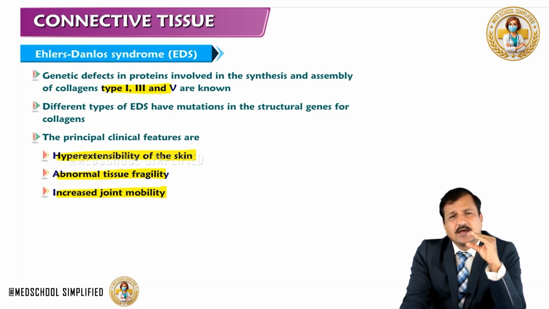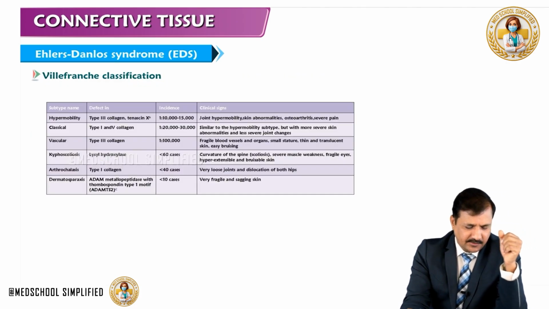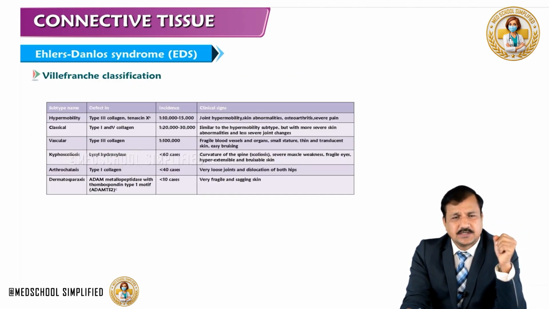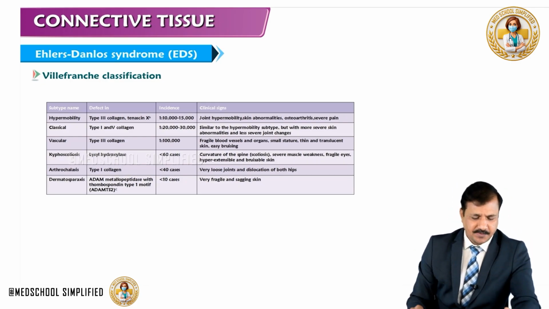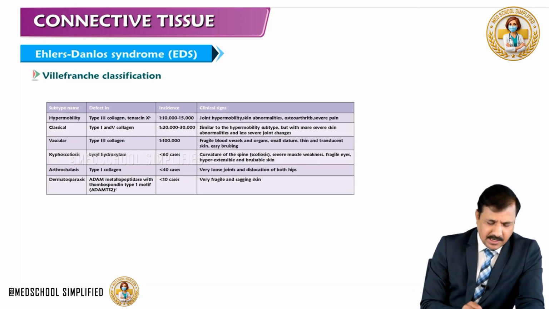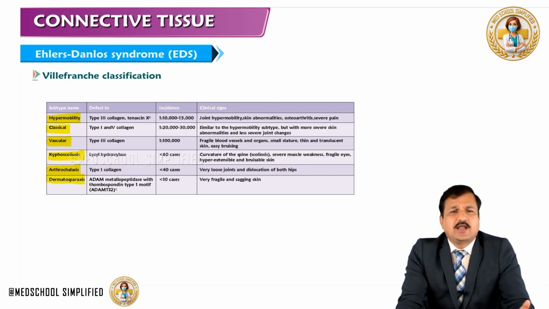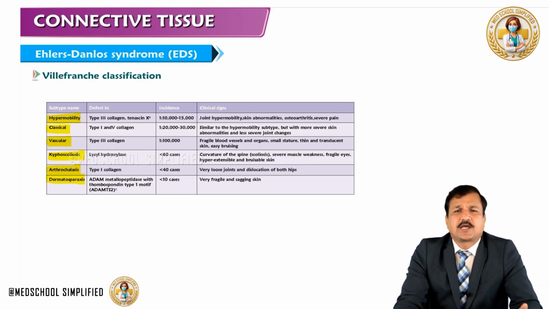Based on that, Ehlers-Danlos syndrome patients can be classified into 6 subtypes by the Villefranche classification. Here is the table showing the Villefranche classification, which classifies Ehlers-Danlos syndrome based on the major signs and symptoms into hypermobility type, classical type, vascular type, kyphoscoliosis type, arthrochalasis and dermatosparaxis type. These 6 subtypes are based on the phenotype and molecular defects.